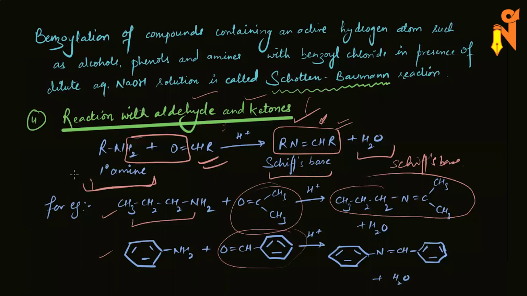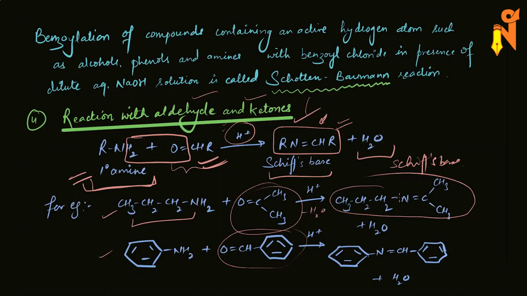The idea is it should be primary amine, any kind of primary amine, aliphatic, aromatic. Aldehyde or ketone can also be any kind, aromatic, aliphatic. The reaction will proceed by the loss of water. This reaction will take place in acidic medium because acidic medium accelerates the dehydration process. Loss of water will happen all the time, and both the chains will combine with each other.